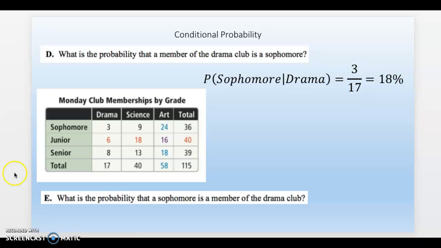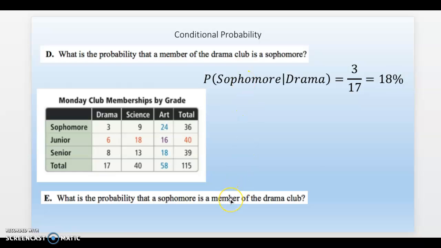All right, something similar. Guys, what's the probability that a sophomore is a member of the drama club? It's a little different. It's a different question, you guys, than D. D and E are 2 different questions. One of them says, given that they're in the drama club, how many sophomores are there?